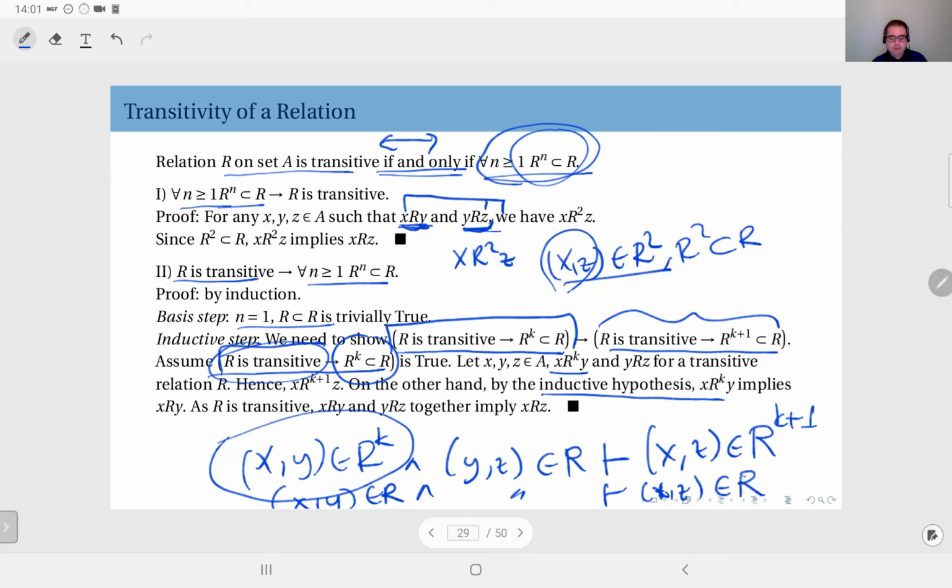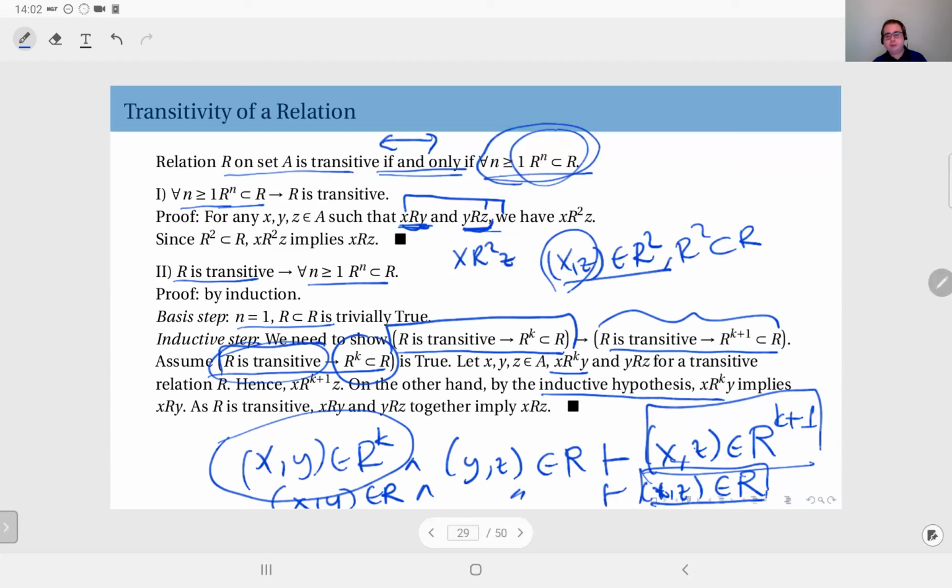Okay. Now, since I have this and this, you see, x and z being related through R to the power k plus 1 implies x and z being related through R, which is by definition, whenever this is true, this is true.